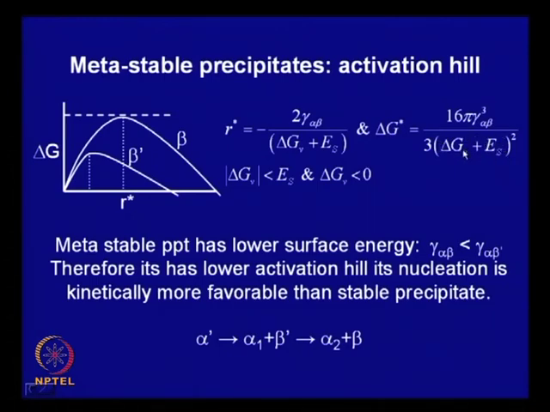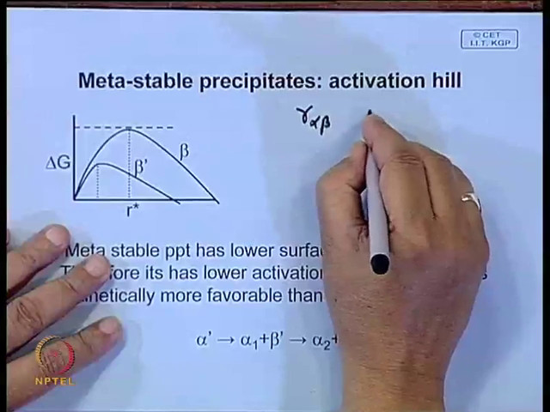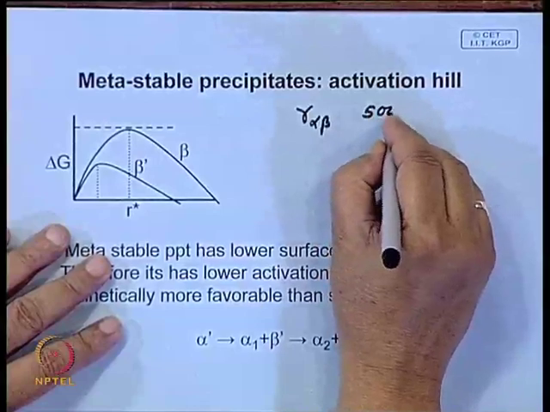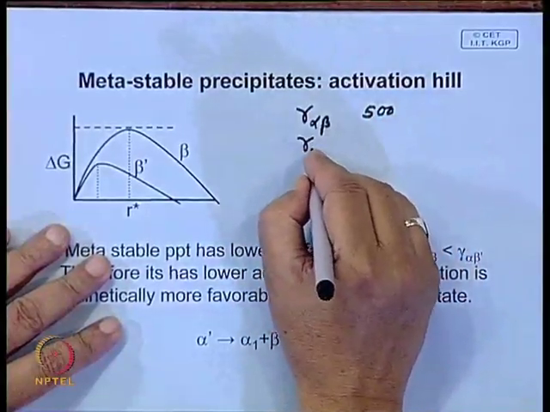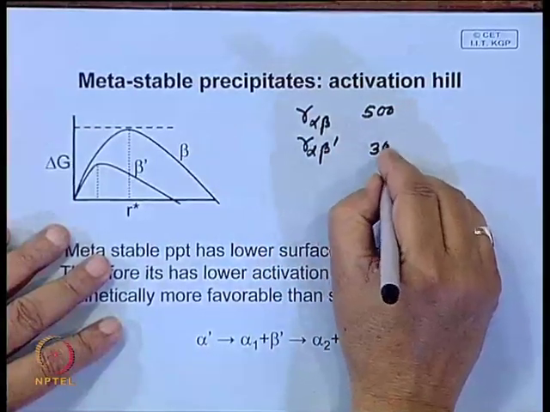So, strain energy also plays an important role. Now, look at it, suppose you have a metastable precipitate, what is going to change? A metastable precipitate will have low surface energy. So, gamma alpha beta is low. A normal precipitate is of the order of 400 or 500 millijoule, while gamma alpha beta prime may be of the order of 30, 40.